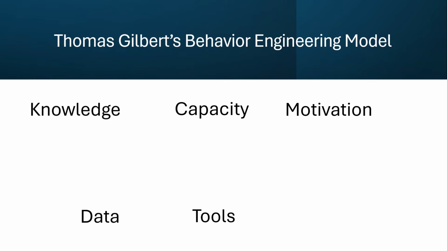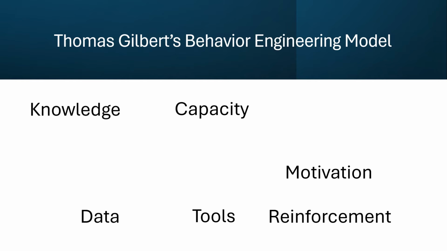A person with a hearing impairment may need hearing aids. So we can provide people tools that increase their capacity so that they're able to perform the behavior that we're looking for.